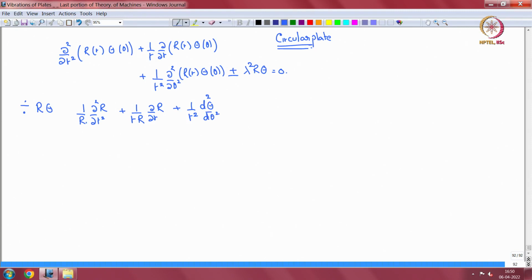So these are also d2r dr square d2 dr d small r plus minus lambda square equal to 0.